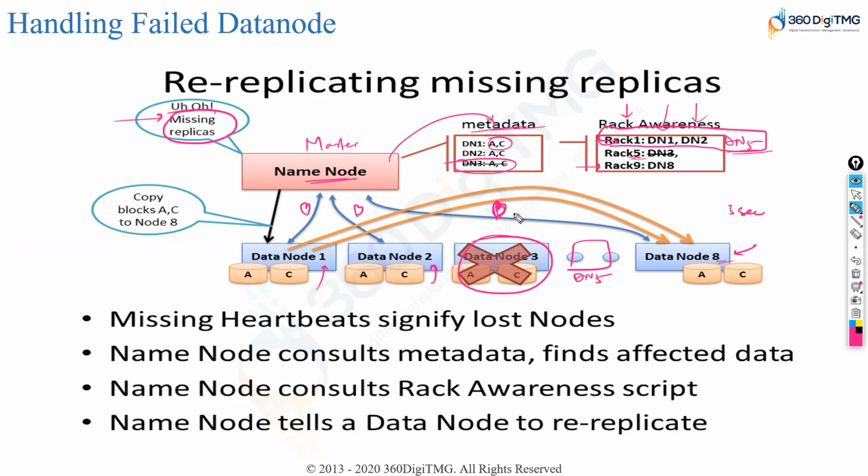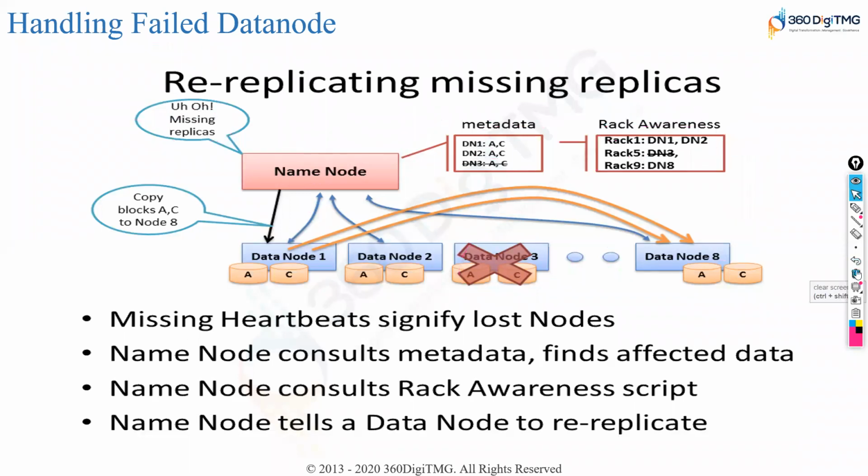This is how replication is handled in case a data node fails. So this is how the basic functionality works in your Hadoop. Missing heartbeats signify the lost nodes. If your name node does not receive a heartbeat signal, that means the data node has died. The data node is not available.